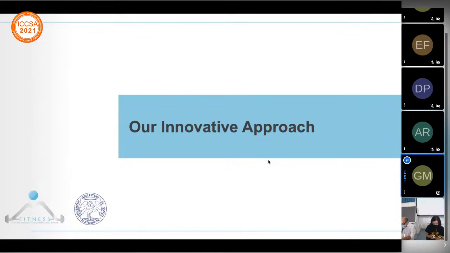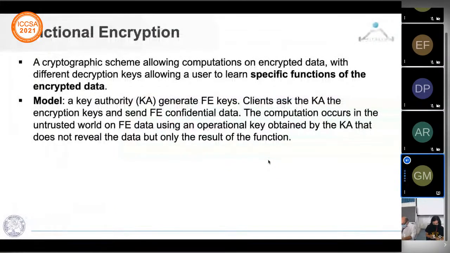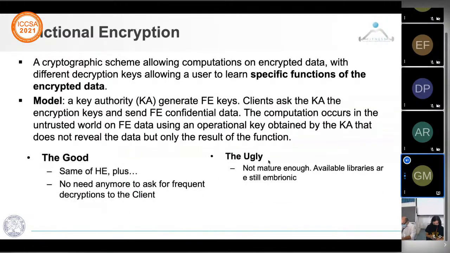So what we did, we leveraged an innovative solution that is functional encryption. What is functional encryption? Functional encryption is an extension of homomorphic encryption that allows to solve the issue of homomorphic encryption that I was discussing before.